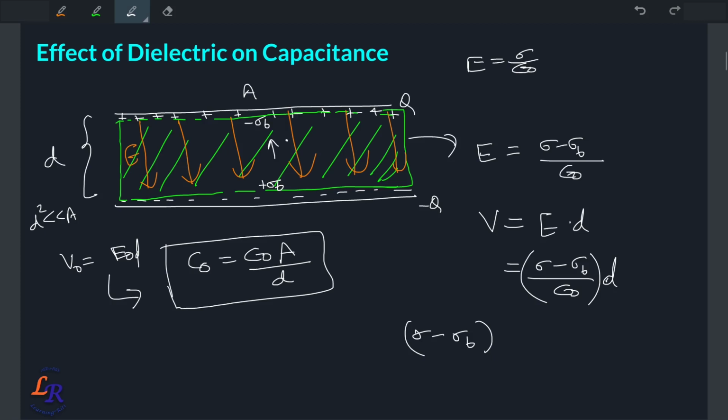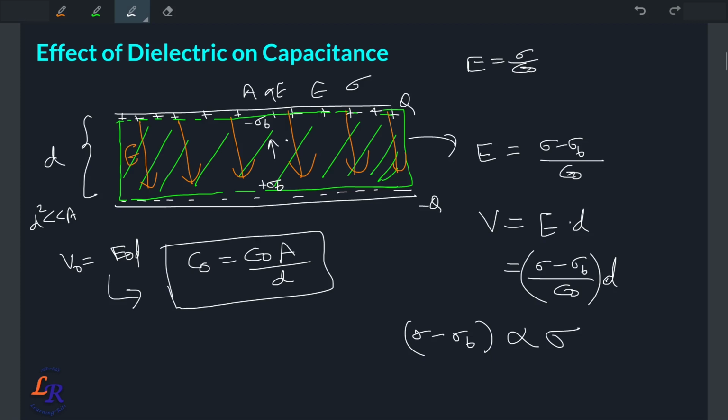When there was nothing, there was an electric field and the value was sigma. The bound charges which were generated were proportional to the electric field, and that electric field is proportional to the sigma value. So this is also proportional to sigma: when it was vacuum, the free surface charge density caused that electric field, and this is the electric field which causes the bound charge.